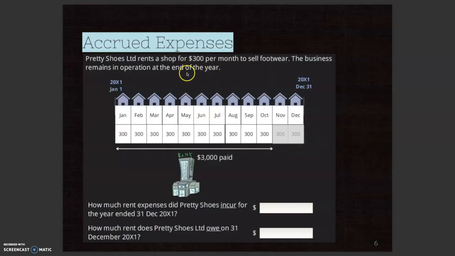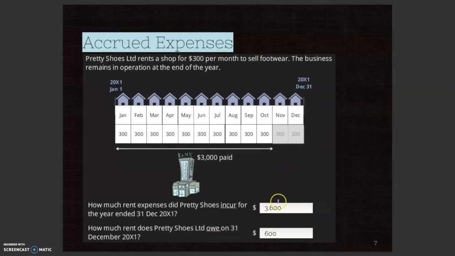Okay, here we have another example. We focus on accrued expense. We have a shop that you rent for $300 per month. Okay, but you have only paid $3,000. Okay, so how much rent expense have you incurred, and how much rent expense have you owed at the end of the year?